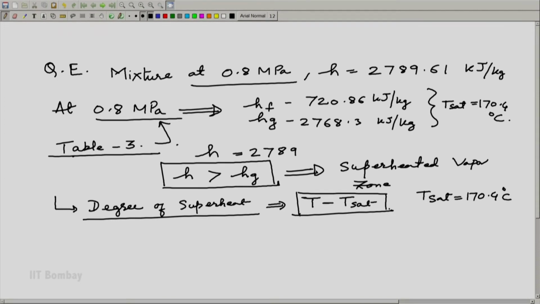So, what I have to find out is, at H equal to 2789, what is the value of T? That is what we want to see. What we know is H, and we also know P is equal to 0.8 MPa. So, we can again refer to table number 3 and look at the value of temperature corresponding to 2789.